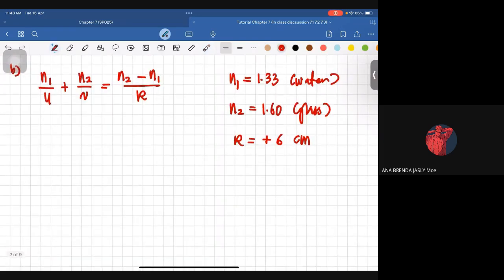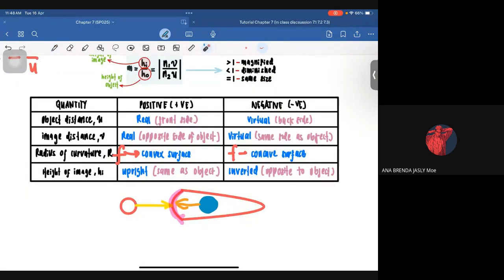Okay, so semua ni sudah ada. U is what we are looking for. V is 53 cm. Ni pun sama juga. Dia tidak bagi tahu. Is it positive or negative? So how do we decide? Dia akan cakap image ni kalau positif dia mesti at the opposite side. Kalau dia negative, meaning it is at the same side as the object.